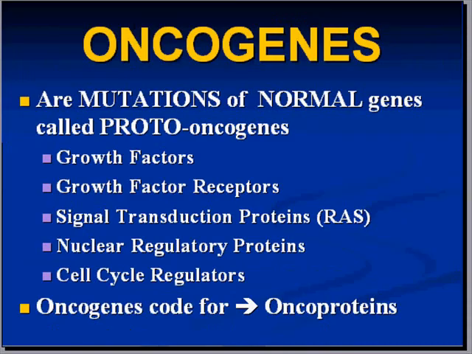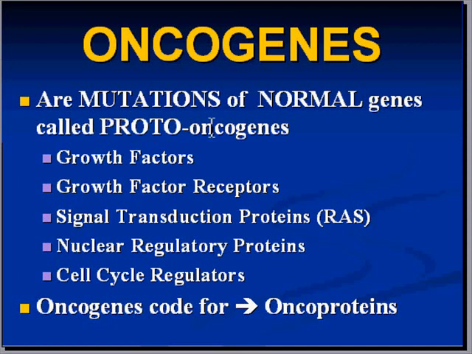Let's now look at the whole process by which mutated genes become cancer-causing agents. And the best way to understand that is to remember that many of the genes in our body, which do not make proteins, regulate growth or regulate DNA or regulate cell cycle in one way or another.